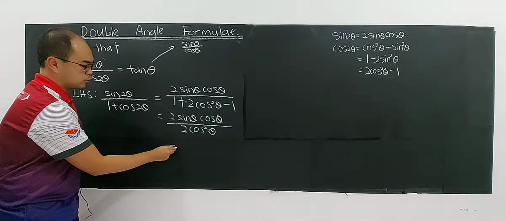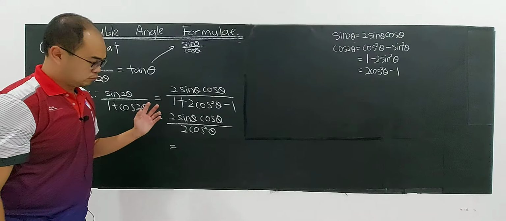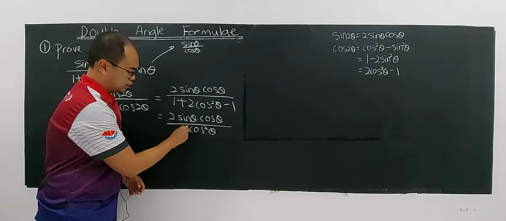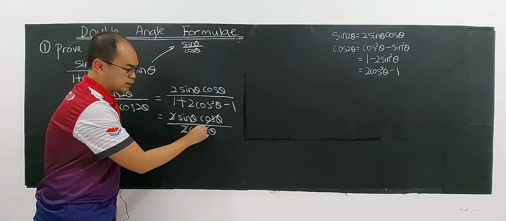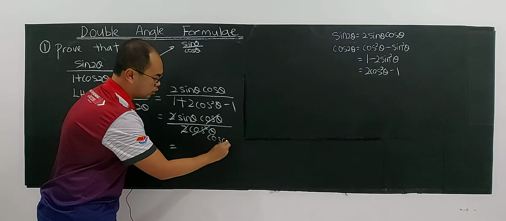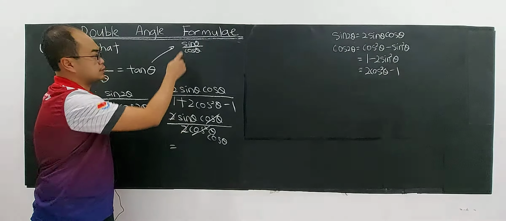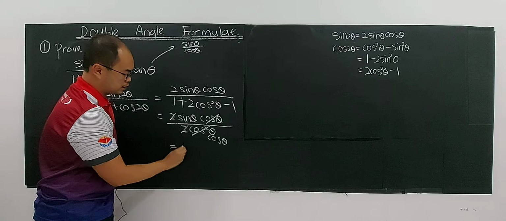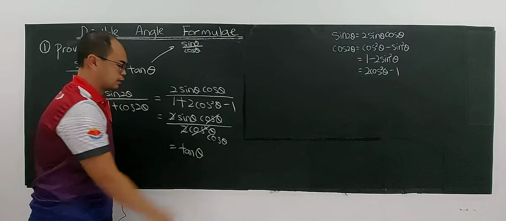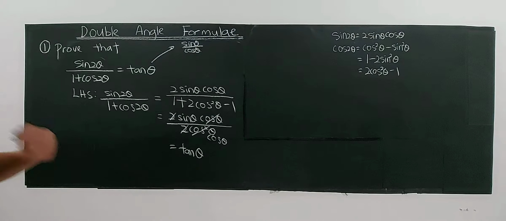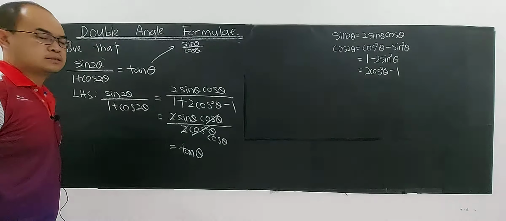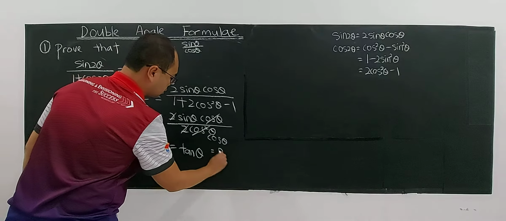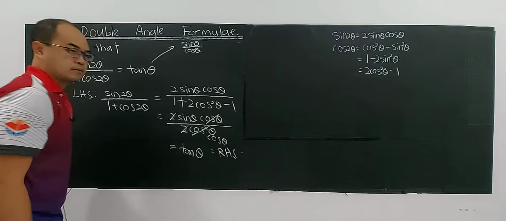It's getting closer to what you want. You see that 2 divided by 2, and cos theta over cos square theta, still leaves 1 cos theta remaining. Now you see that sine over cos gives you tangent theta. So this is what the question wants. You have already proved that this is true. This is your identity, which is equal to the right hand side.